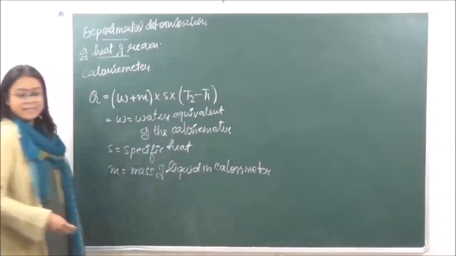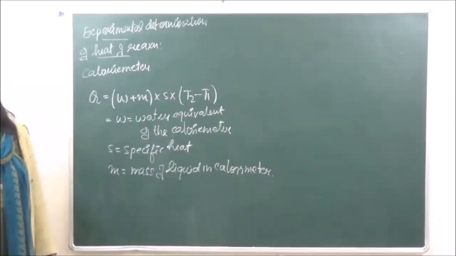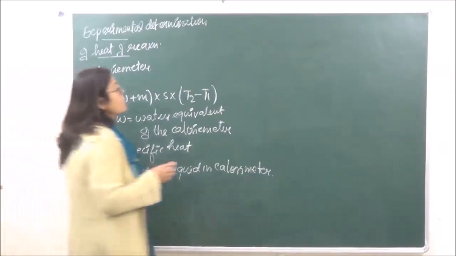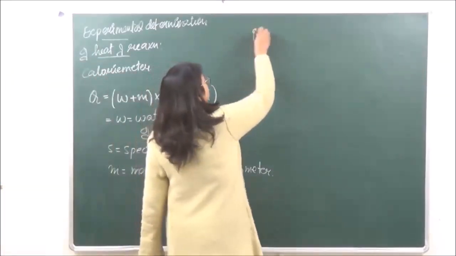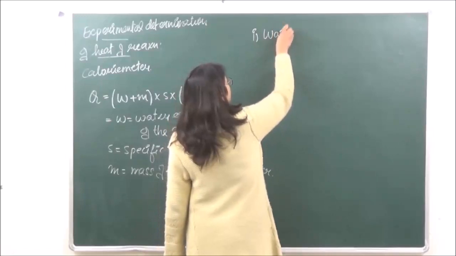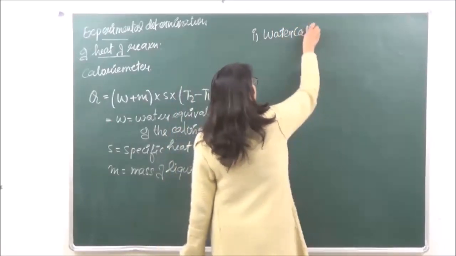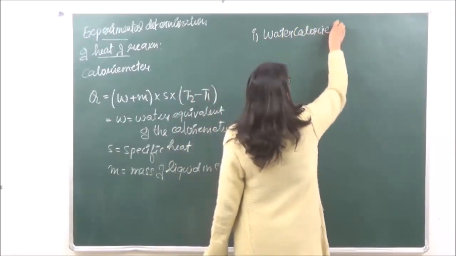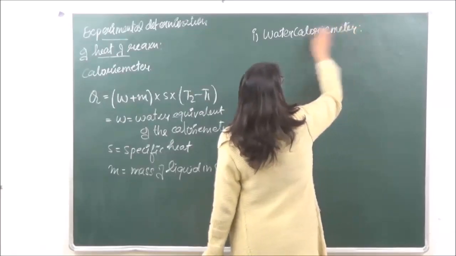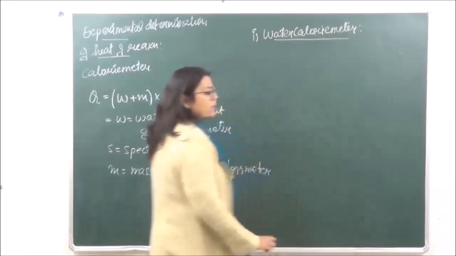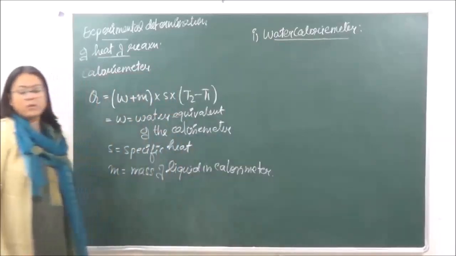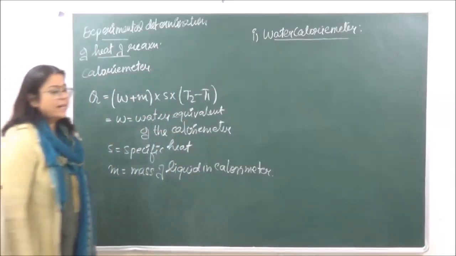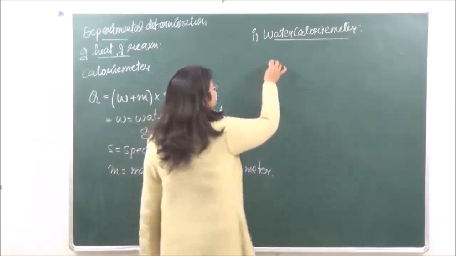Okay, now let's discuss the first type of calorimeter which we have, that is known as the water calorimeter. What is a water calorimeter? It consists of an insulated tank.